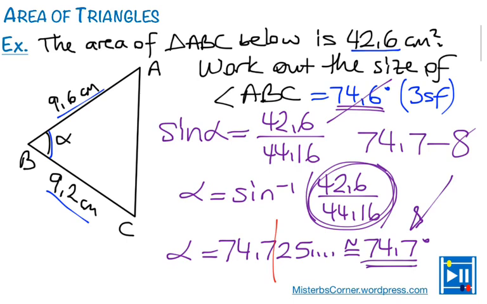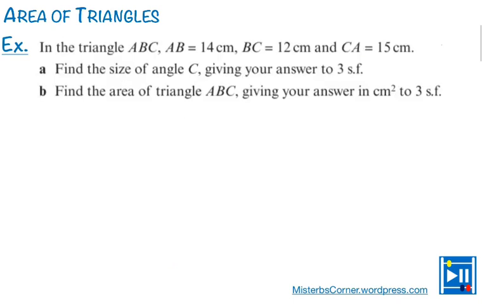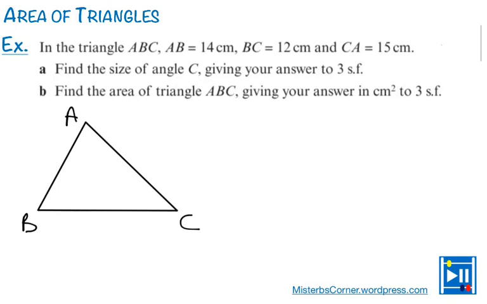Now I'm going to give an example where we have to use cosine rule and the area of triangle formula, and then I'm going to ask you to solve the rest of the questions in the book. In the triangle ABC, AB is 14, BC is 12 and CA is 15 centimeters. So we have a triangle. So you can visualize it by sketching a triangle. It doesn't matter if side lengths are correct or not in any way.